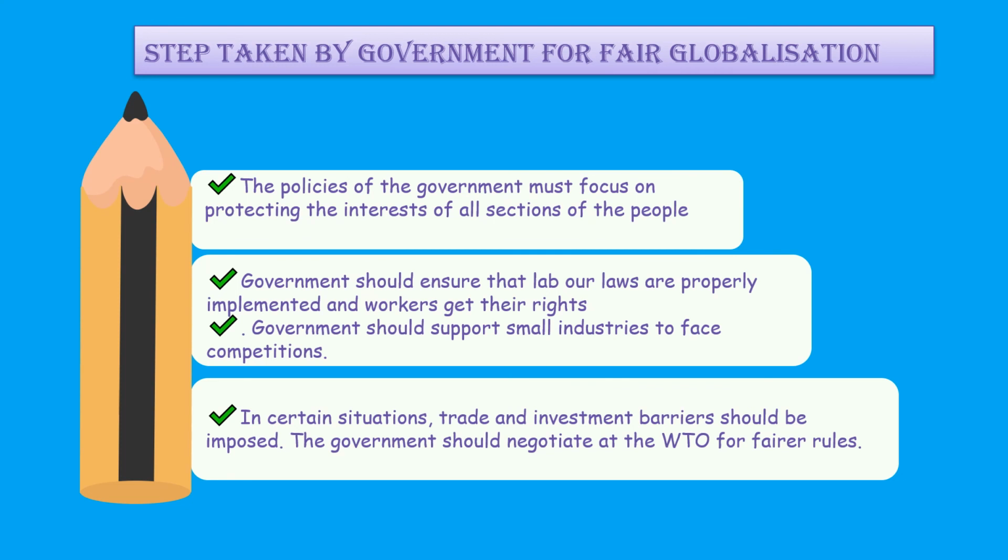Number 3, government should give full support to small-scale industries to face competition. And the last one, in certain situations, trade and investment barriers should be imposed. The government should negotiate with the World Trade Organization for such fairer rules.